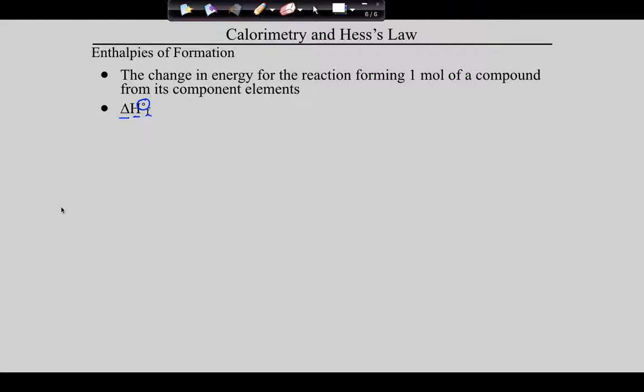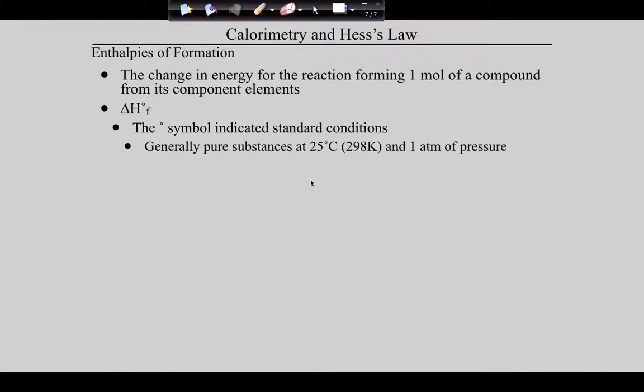We read it as knot, K-N-O-T. What it means is standard conditions, which is 1 atmosphere of pressure, and typically 25 degrees Celsius. You don't need to worry about that other than to understand that these values change with temperature and pressure, but just understand that that's what that means. So, guys, the knot means standard conditions, 25 Celsius, 1 atmosphere of pressure.